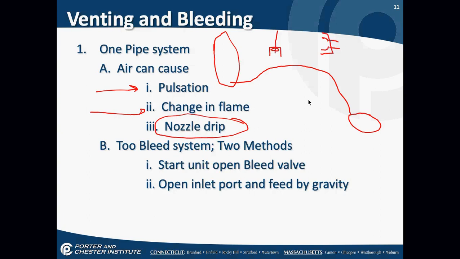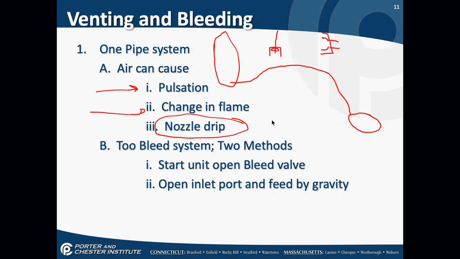Now, to give an idea of what this is, you all know that if you have a straw in a glass of water, and you put your finger over the straw and lift the straw out of the water, you're going to hold water in that straw. You move your finger, you break the vacuum that's holding the water in that straw, that water's going to fall out of the straw. The same thing happens with a nozzle.